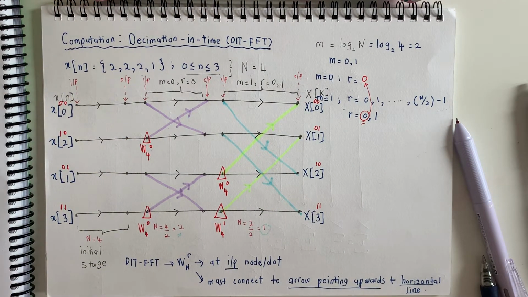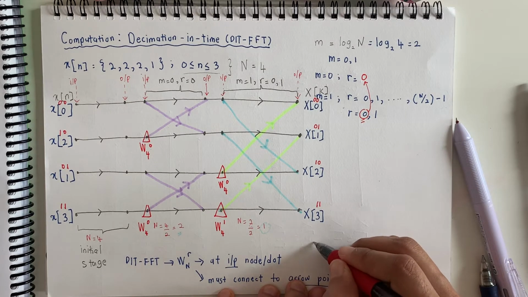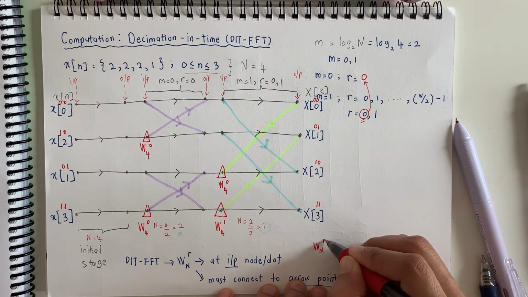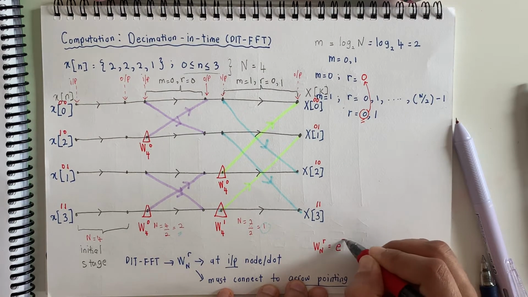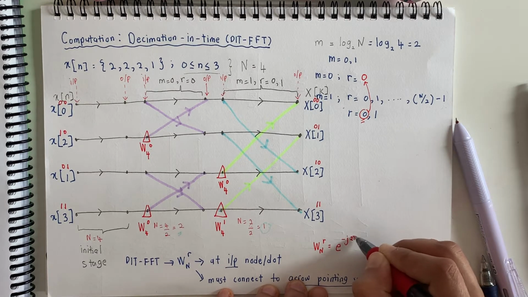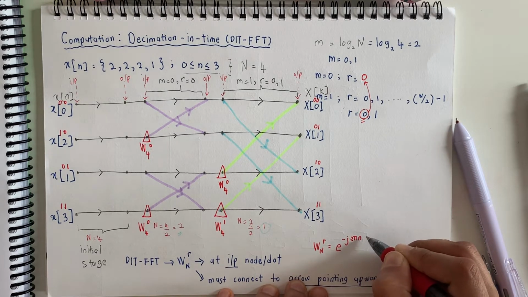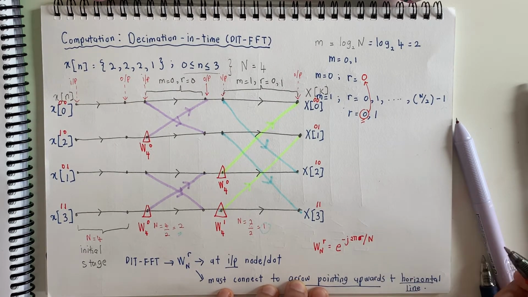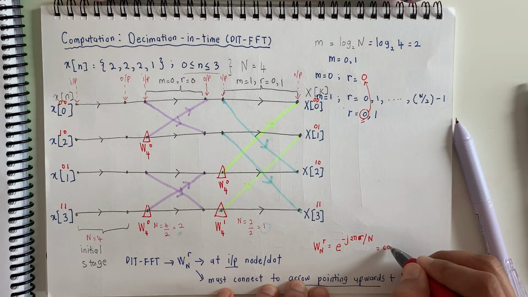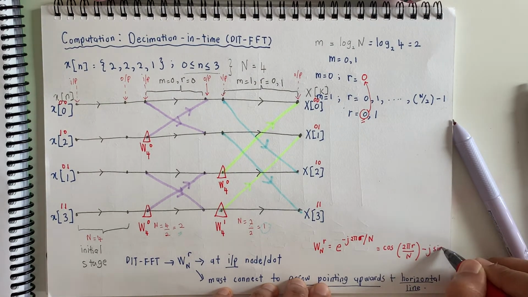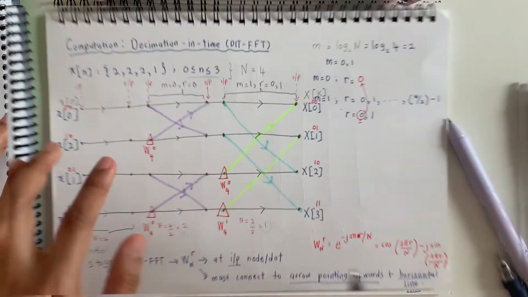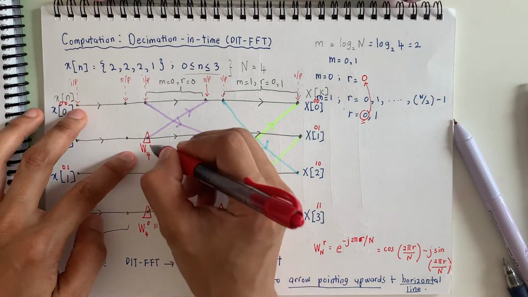Alright, so how to know the value of W for 0, W for 1? From the equation, W_N^r equals exponent minus j 2 pi r over capital N. So what you have to do is just substitute the value.